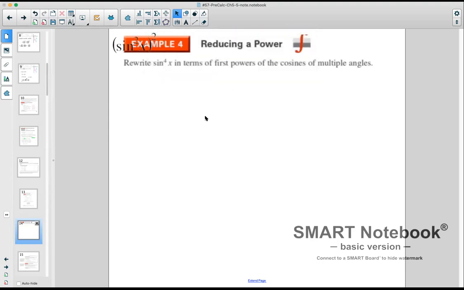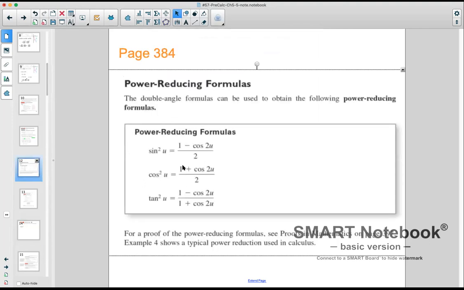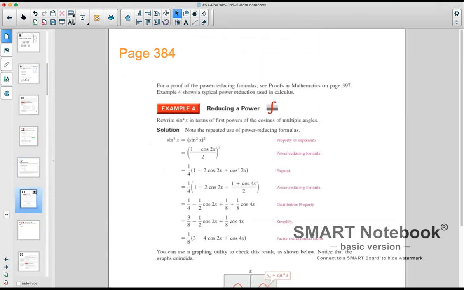Okay, this is the method. Since this is the sine power, maybe I just grab everything here. So these three things are going to be a guidance for you.